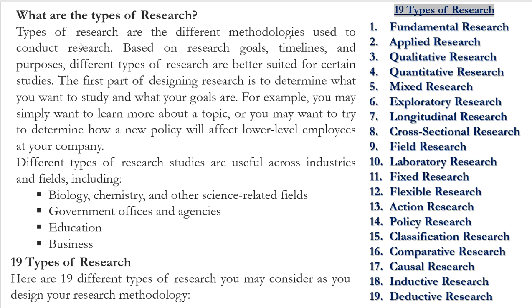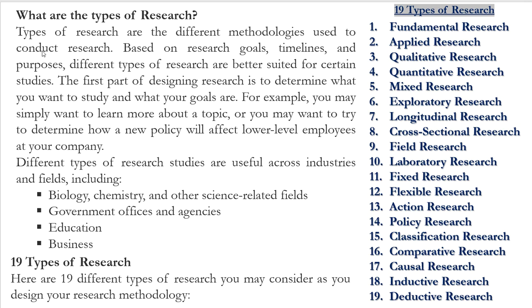We know the types of research are categorized into 19 types, but they are different methodologies used to conduct qualitative and quantitative research based on the researcher's goal, the timeline, and the purpose for which the research is conducted. Different types of research are better suited for certain studies, such as literature survey, report survey, cause and problem survey, whatever it may be.